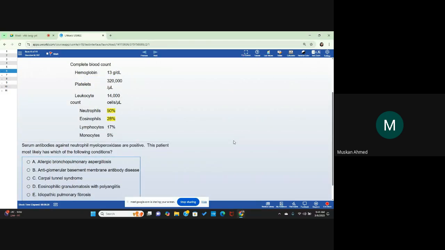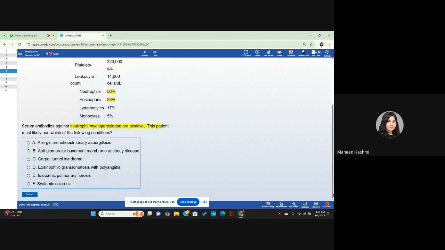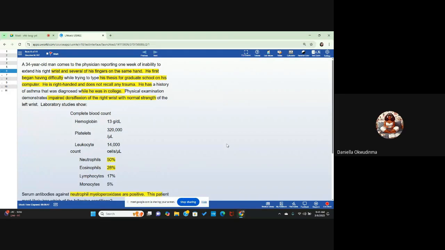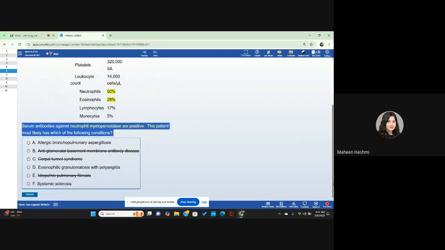Eosinophilia, and neutrophil myeloperoxidase is positive. What do you think the answer is? Eosinophilic granulomatosis with polyangiitis, Churg-Strauss, yes.